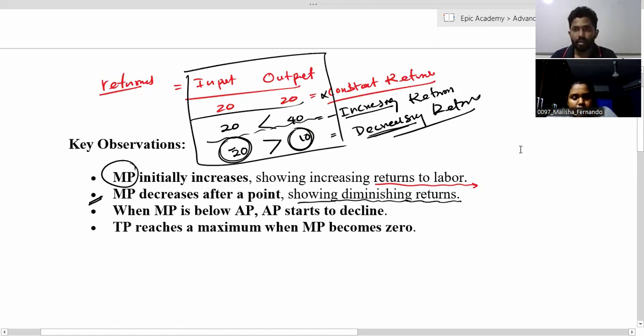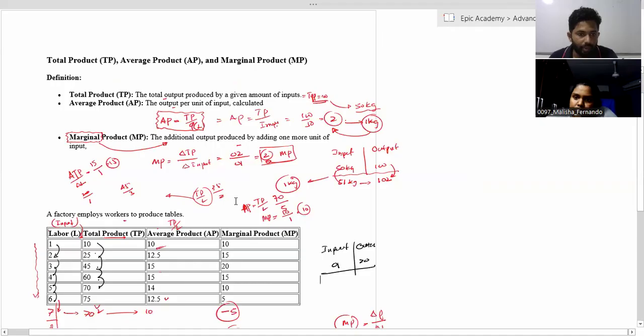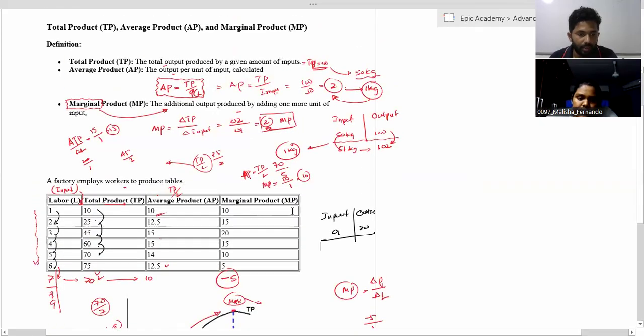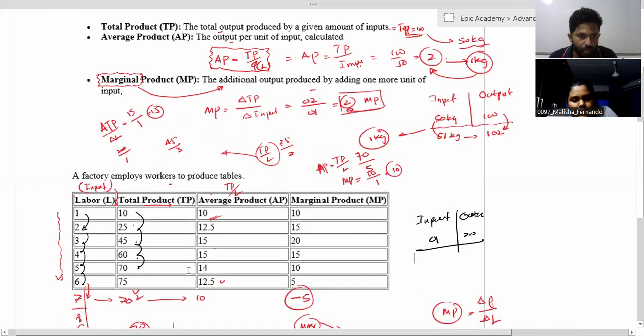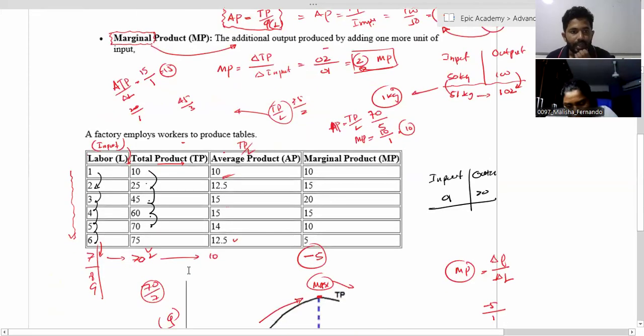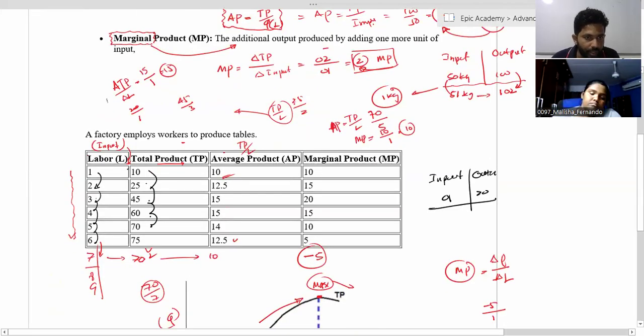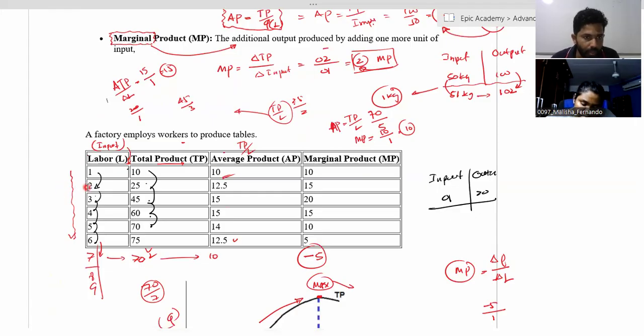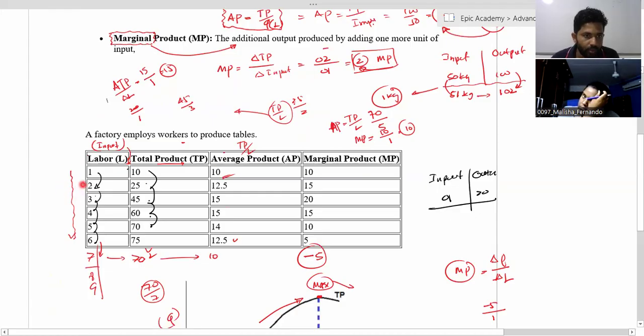Let's move to this one. I mean the previous table. And you can identify diminishing returns in here. Diminishing returns. So just consider in here, when you are going to increase the input at a certain point of labor, 2 to 3, at this point output increased by 20.